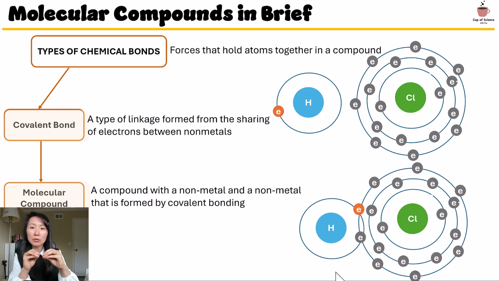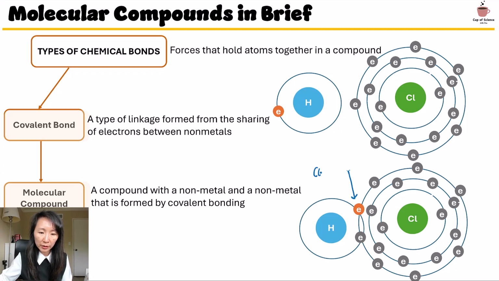constant interaction by sharing of these electrons that belong to the hydrogen and belong to the chlorine that creates a covalent bond. So we can say right here, this is where the covalent bond is occurring. The interaction causes this compound to form.